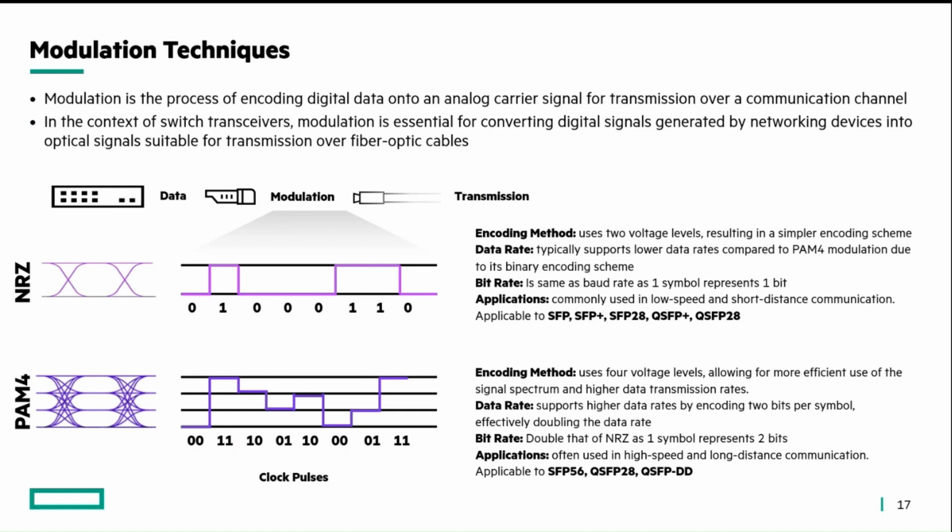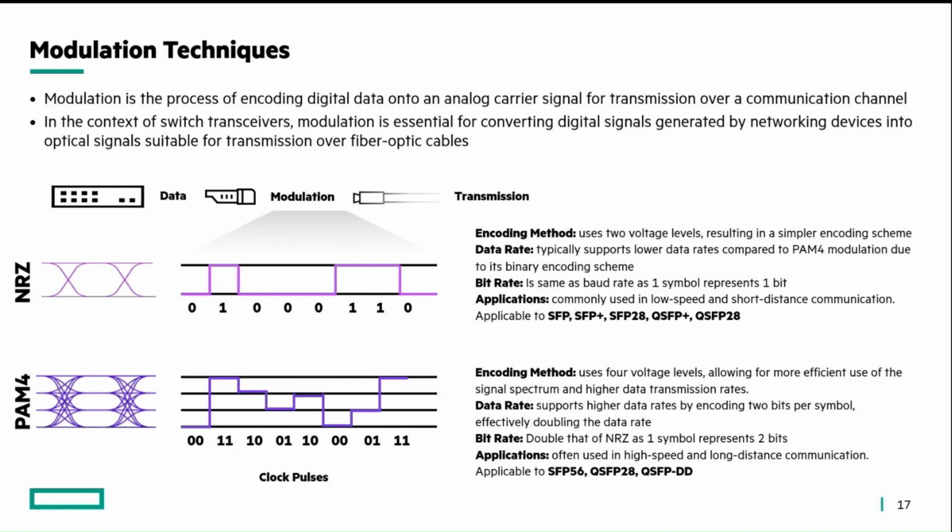The data rate offered by NRZ is lower than what you see in PAM4 modulation because you have only two voltage levels, which means only binary encoding can be done. On the other hand, PAM4 supports higher data rates by encoding two bits in a single symbol, so that you get double the data rate.